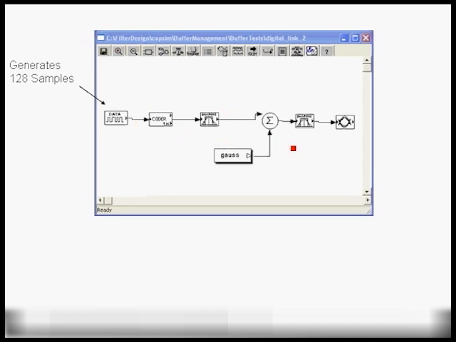Now here's a very important situation that arises. The data block generates 128 samples when it is visited. These are source blocks.